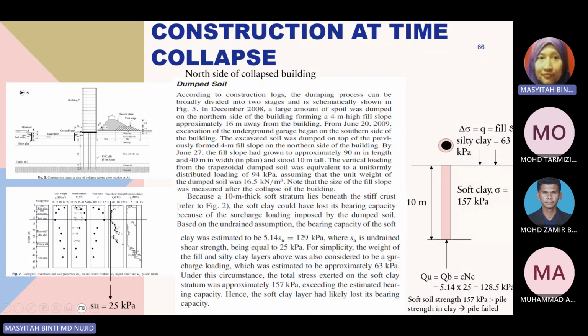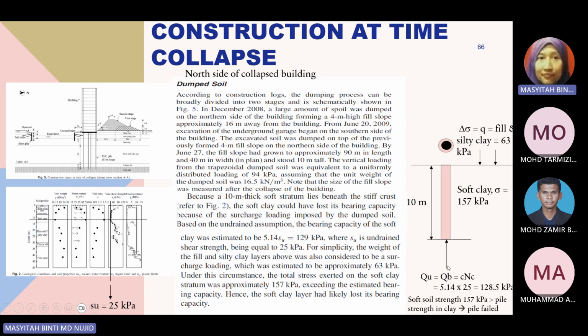For simplicity, the weight of the fill and silty clay layers above was also considered to be a surcharge loading, which was estimated to be approximately 63 kPa. So under the circumstances, the total stress exerted on the soft clay stratum was approximately 157 kPa. It shows that 157 kPa is larger than the pile strength in clay.